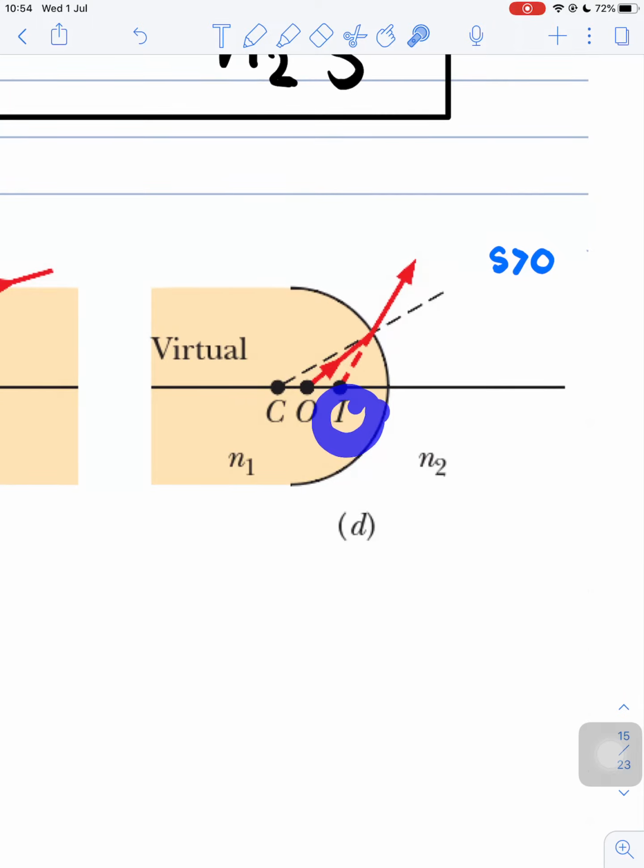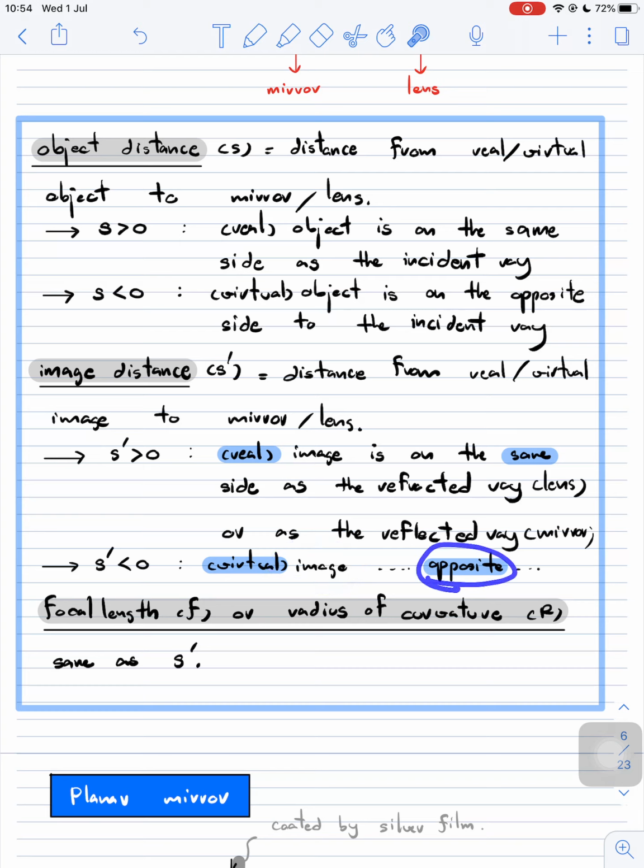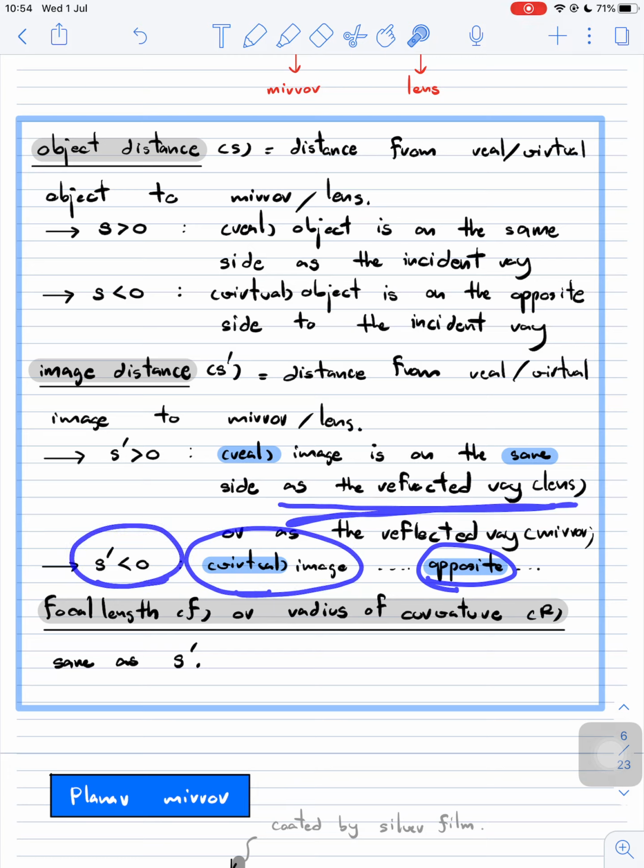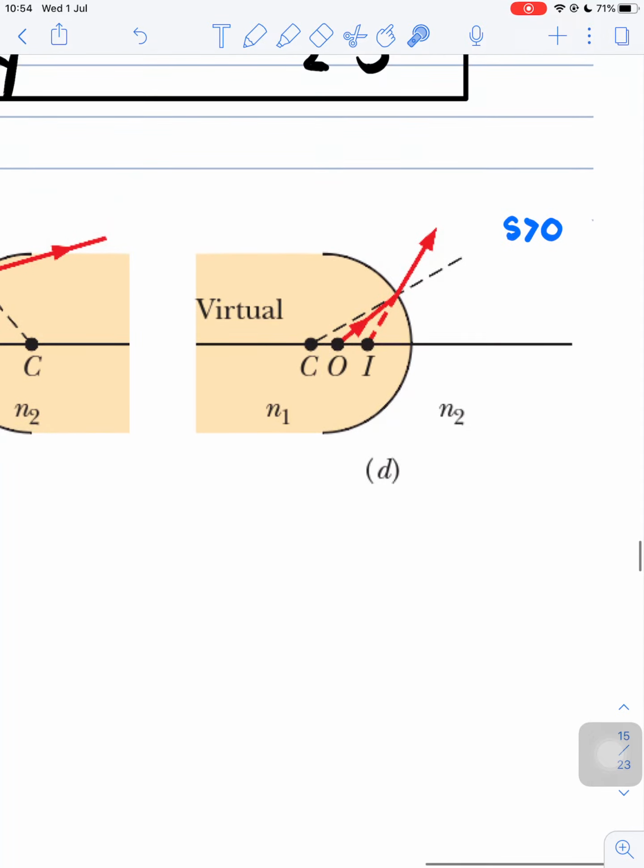But now let's look at the sign convention. We say that if the image is on the opposite side as the refracted ray, we get the virtual image and the S prime is less than 0. So now in this case, you can see that the image is on the left hand side of this interface, but the refracted ray is on the right hand side.